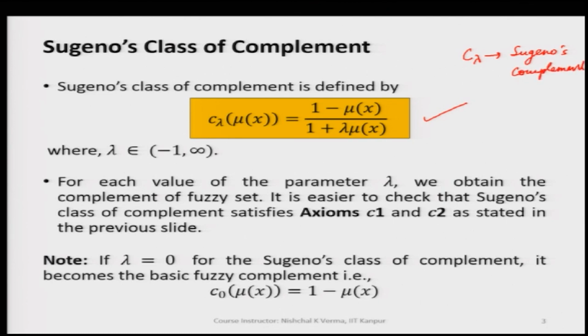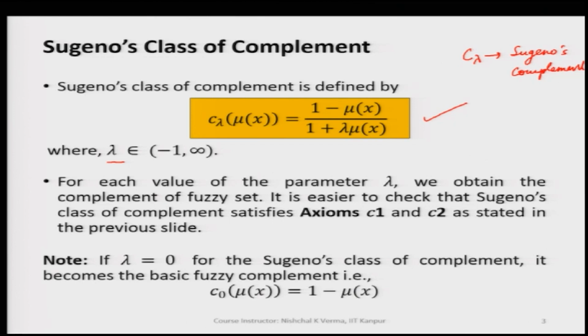So, Sugeno's class of complement is C lambda of mu of x is equal to 1 minus mu of x over 1 plus lambda into mu of x, where lambda values will be in the range minus 1 to infinity.